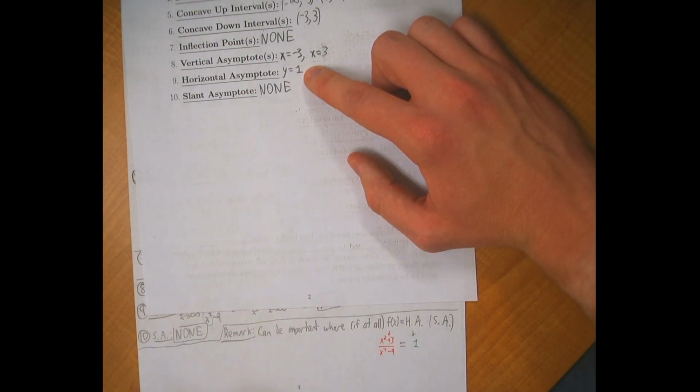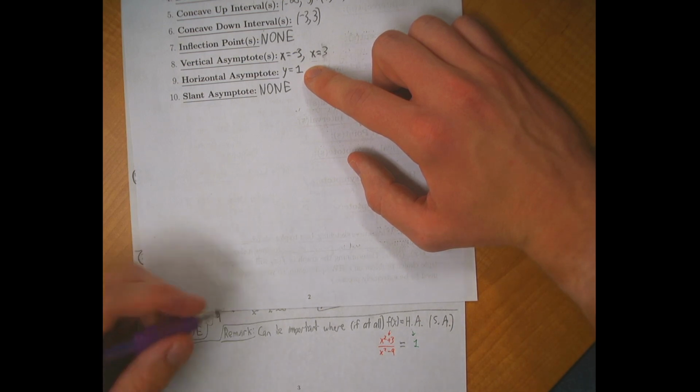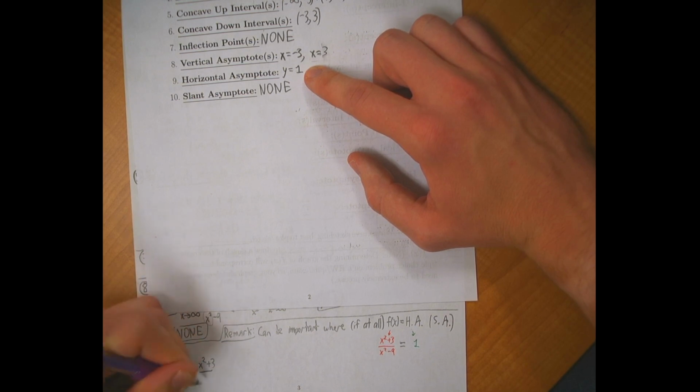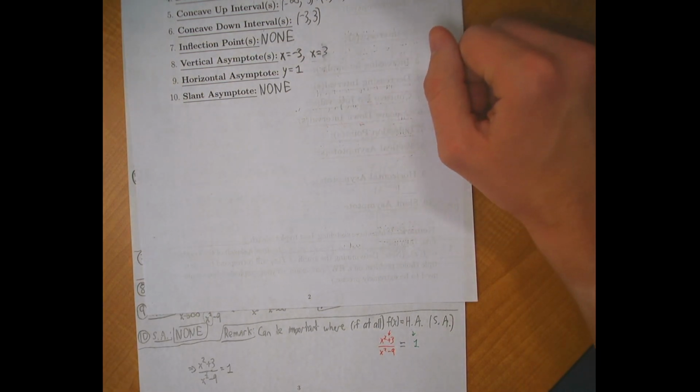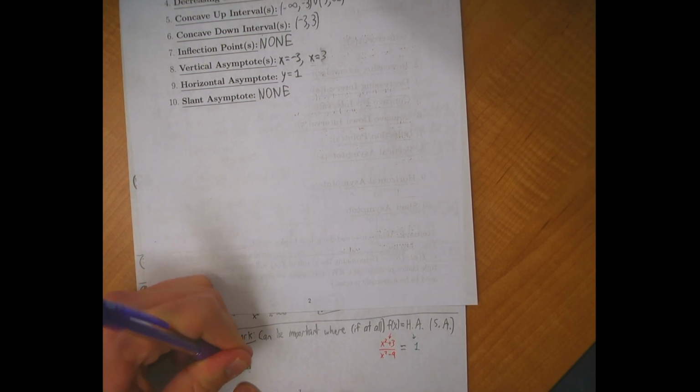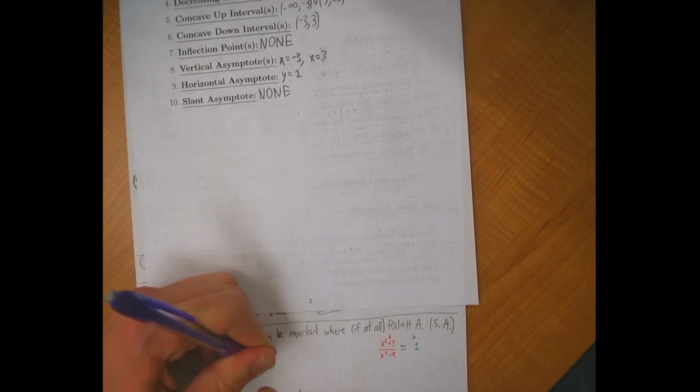So let's equate them to see if the function ever touches the horizontal asymptote. If we set x squared plus 3 over x squared minus 9 equal to 1, we take our x squared minus 9 and multiply it over to the other side to get x squared plus 3 equals x squared minus 9.